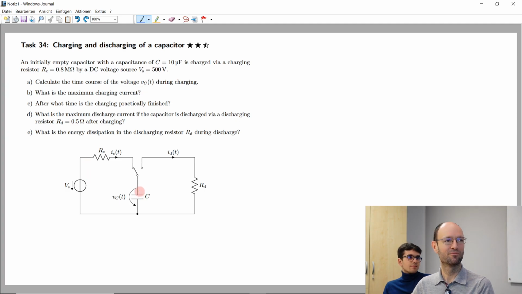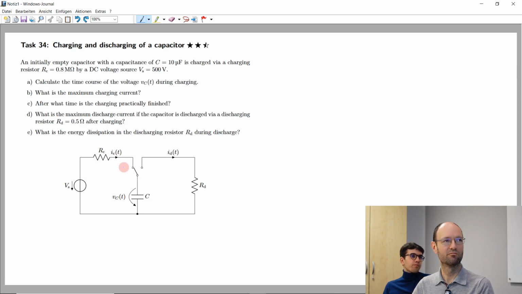And then we have some capacitor, and we want to charge this capacitor. And for this, to limit the current at the beginning, we need to have some resistor in series. So we have a charging resistor, and over this charging resistor we charge this capacitor, so there will be a current flowing in this loop.